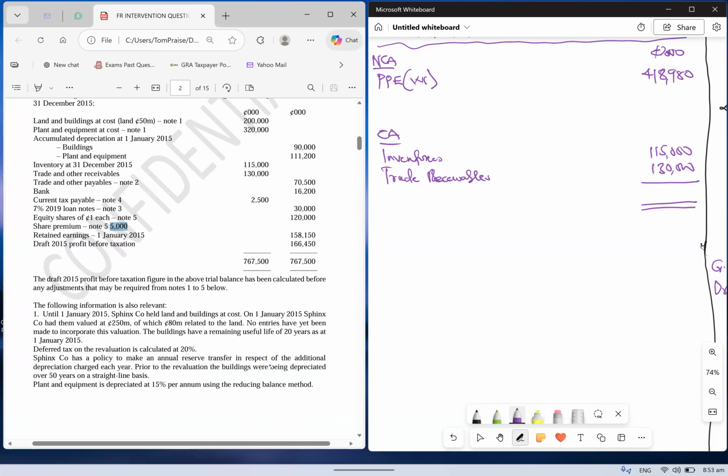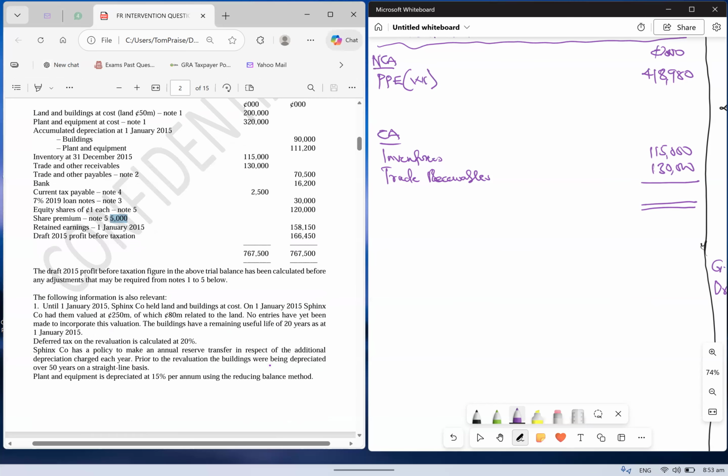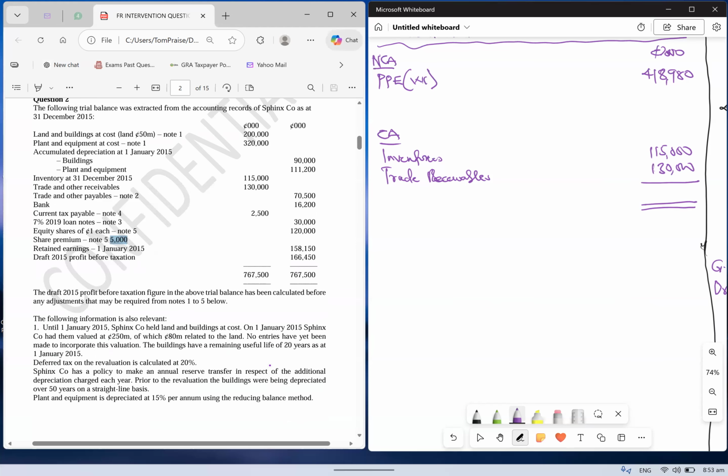So the deferred tax that we will be looking at, we don't even have a deferred tax brought down. And if you don't have a deferred tax brought down, which means that what you are going to do is an increase. So it means that we don't have anything. So even give me this total. There's not even a deferred tax brought down so that our own will show an increase or decrease.